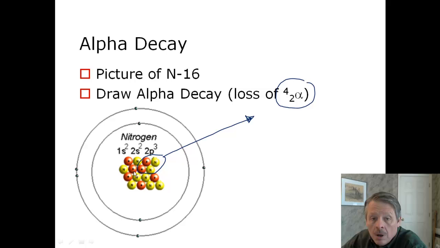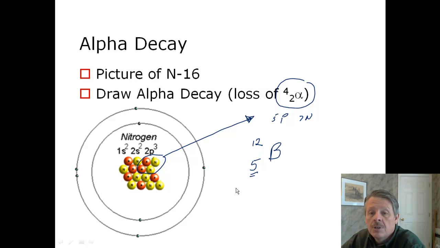We have 1, 2, 3, 4, 5 protons, and we have 1, 2, 3, 4, 5, 6, 7 neutrons. 7 plus 5 is 12. Right? So we have 5 protons and 7 neutrons. And if we look at number 5 on the periodic table, we find out that that is boron.